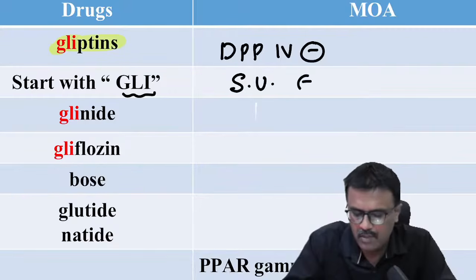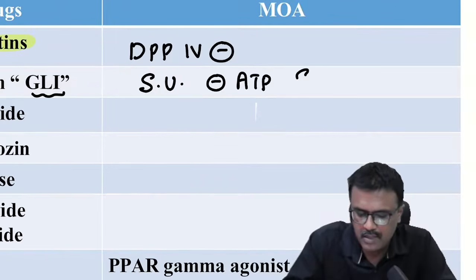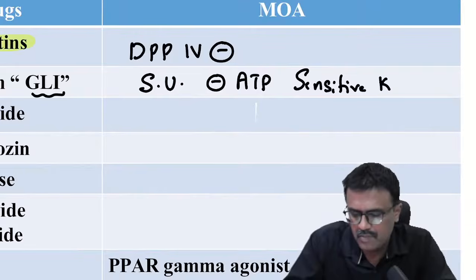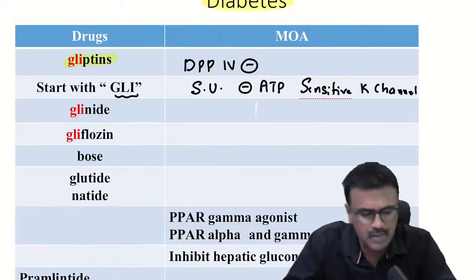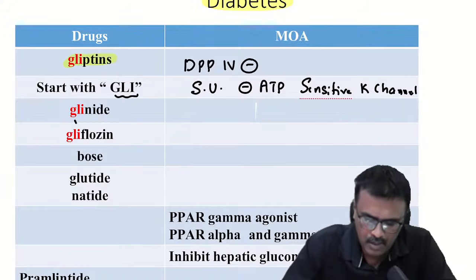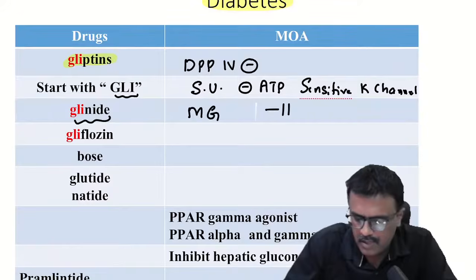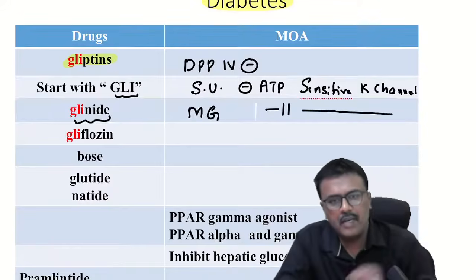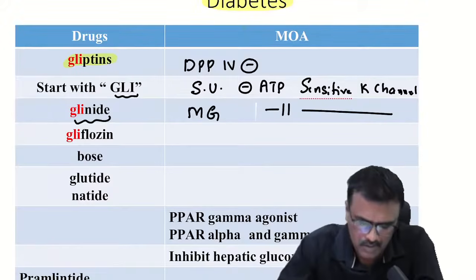They inhibit the ATP sensitive potassium channel in beta cells. Even glinides, they are called meglitinides. They have the same mechanism. They also inhibit ATP sensitive potassium channels.